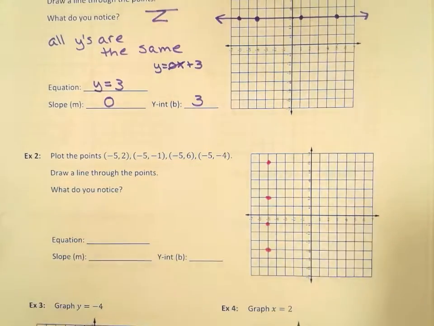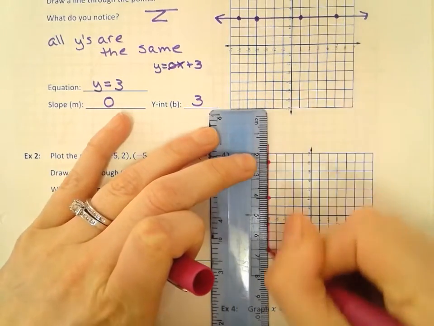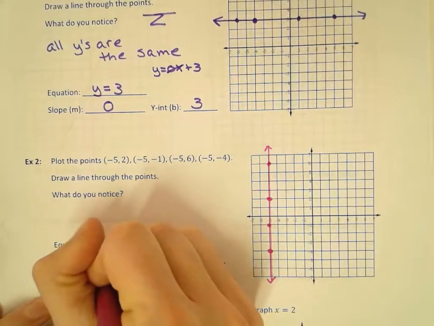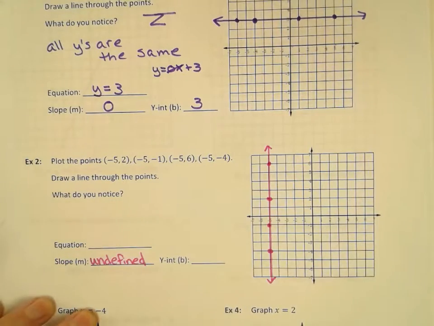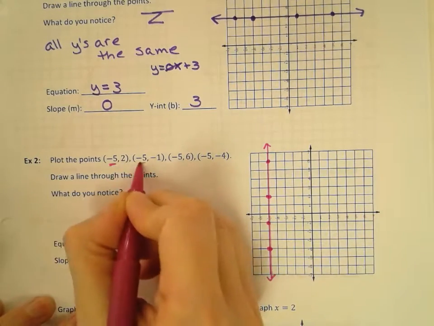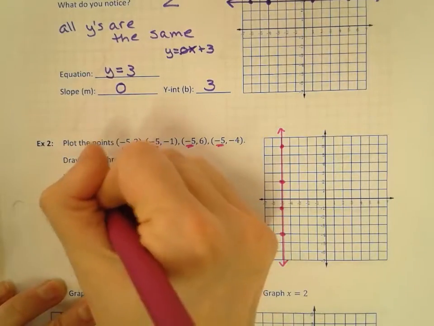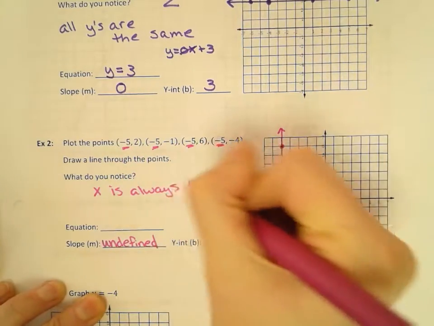Put your points. Now this time, whenever I connect my dots, it looks like we've got a vertical line, which is a slope that we call undefined. And something else you should notice about this one, every single one of our x values is always the same thing. X is always negative 5.